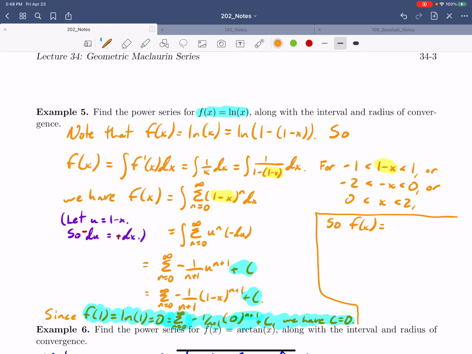Anyway, so f of x equals the sum from 0 to infinity of negative 1 over n plus 1 times 1 minus x to the n plus 1. No plus c, because c equals 0.